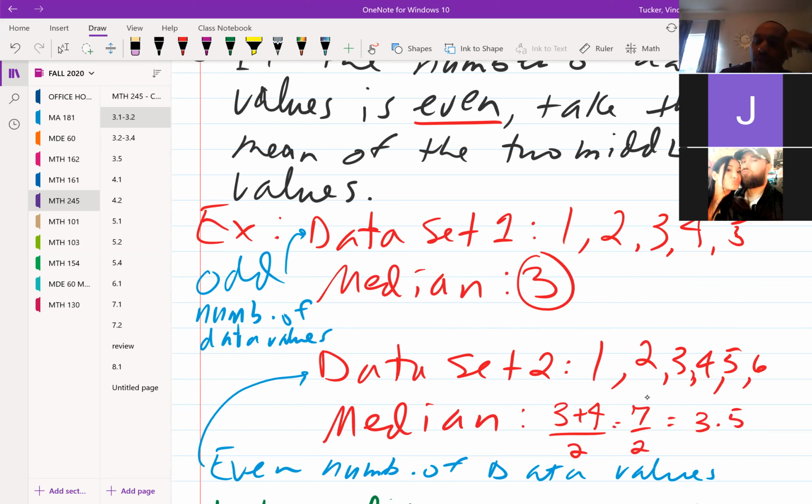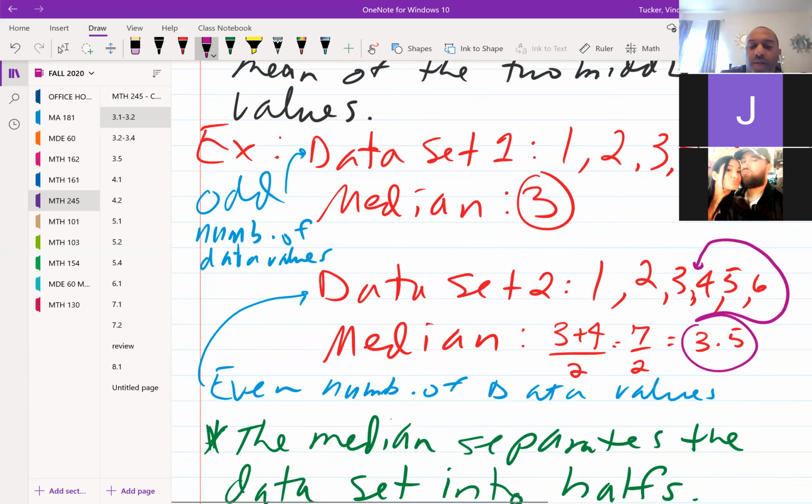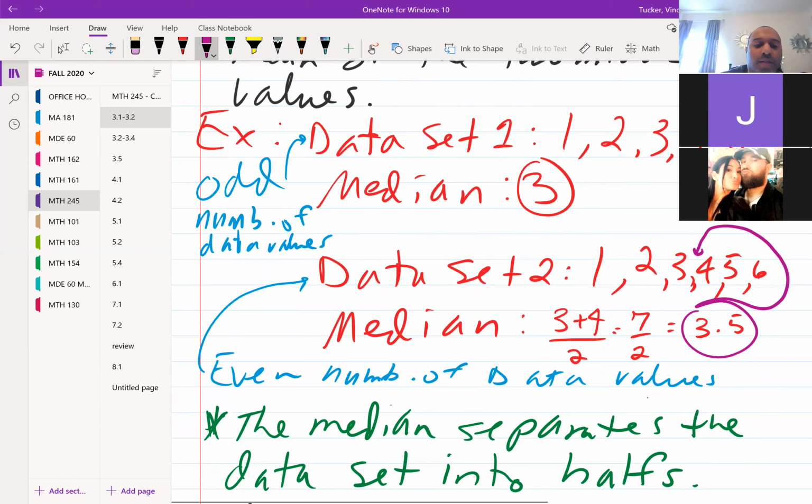Notice that 3.5 is in the middle of the 3 and the 4, which is in the middle of your whole data set. So it's still the middle. And basically your median will split your data set in half. Let's see, did I write that down here? Yep, that's the next sentence. The median separates the data set into halves.